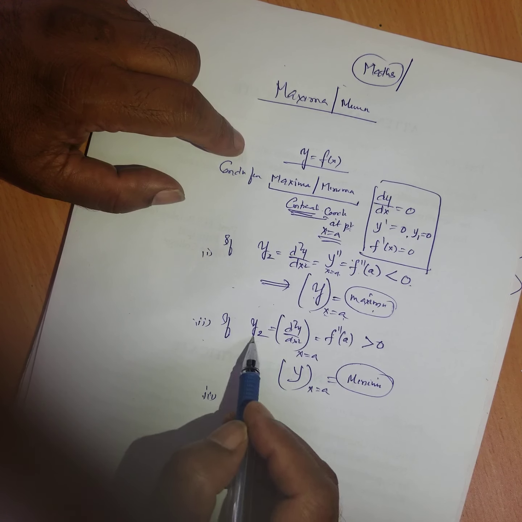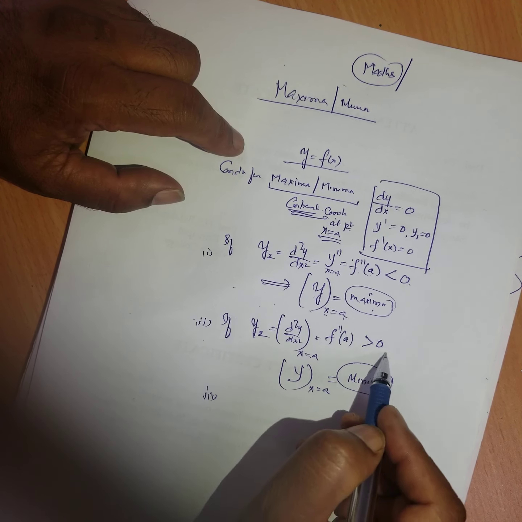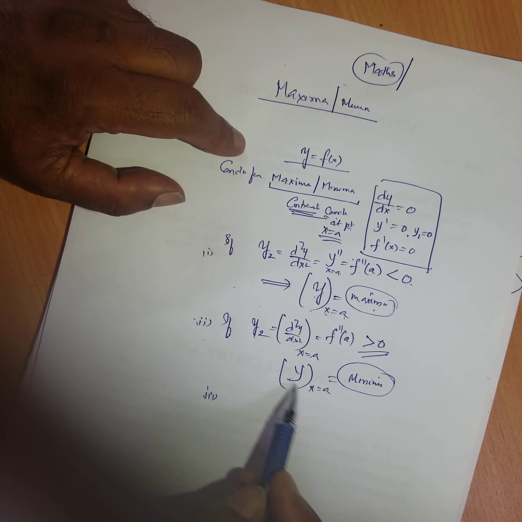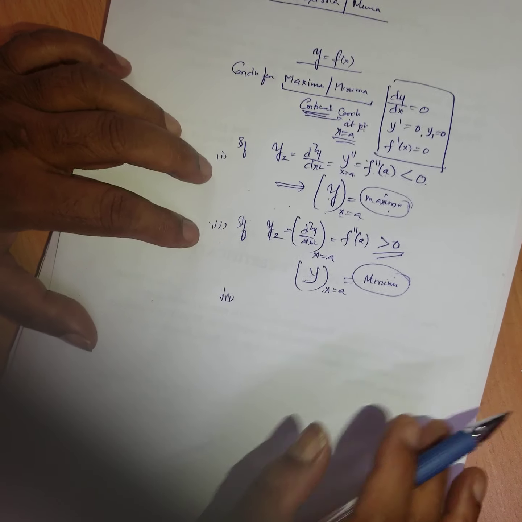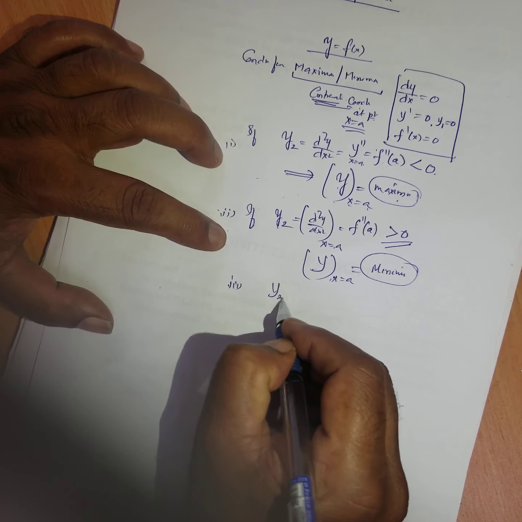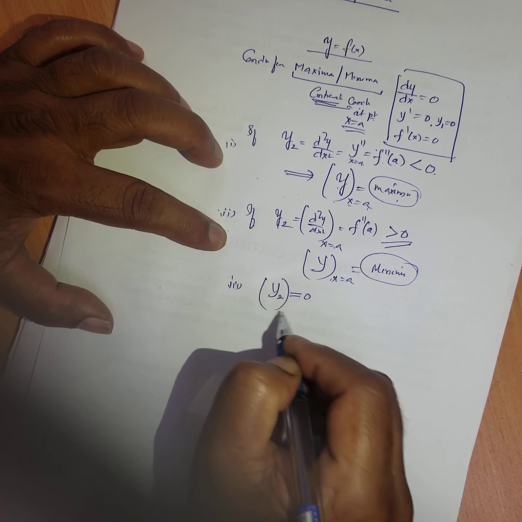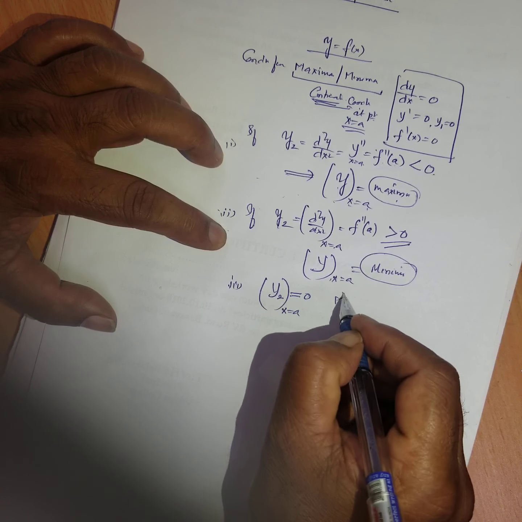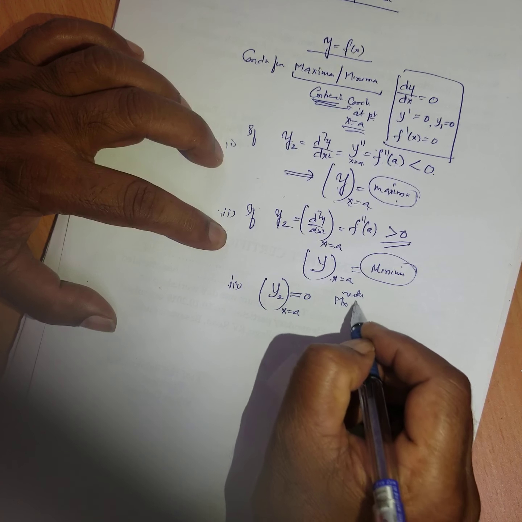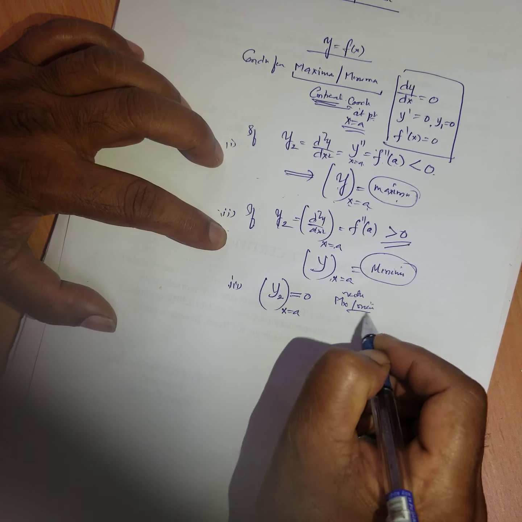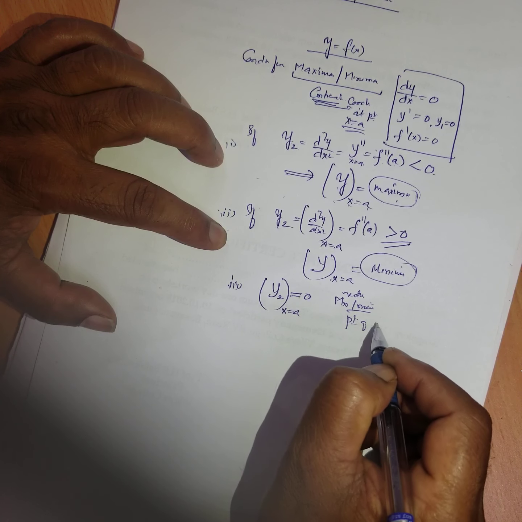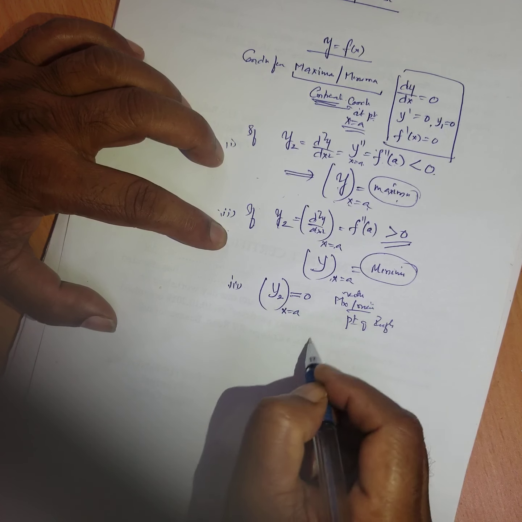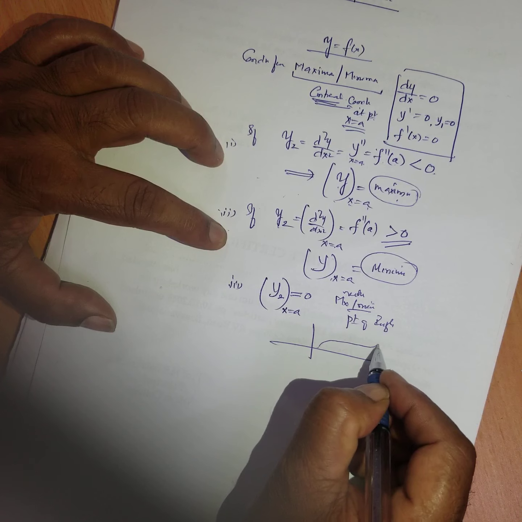If the second derivative at that point is greater than 0, then y at that point is minimum. If the second derivative is equal to 0 at that point, x equal to a, it is neither maximum nor minimum. This is called the point of inflection.